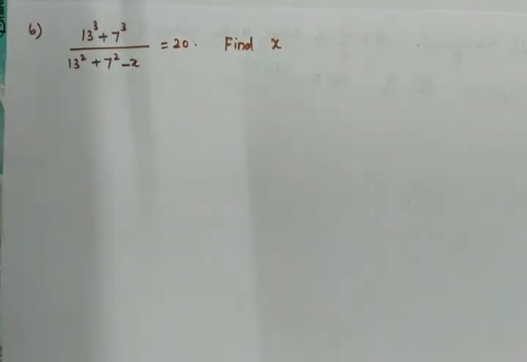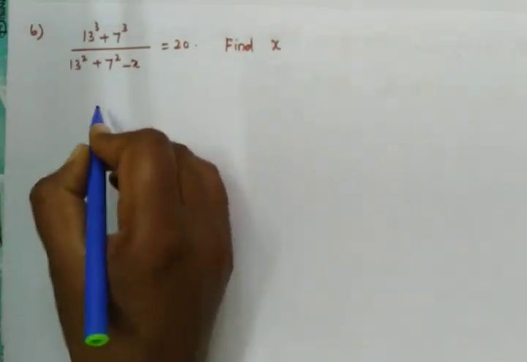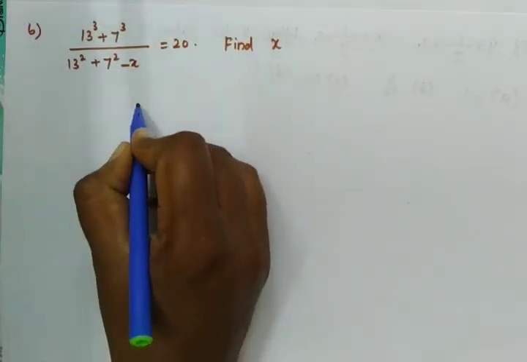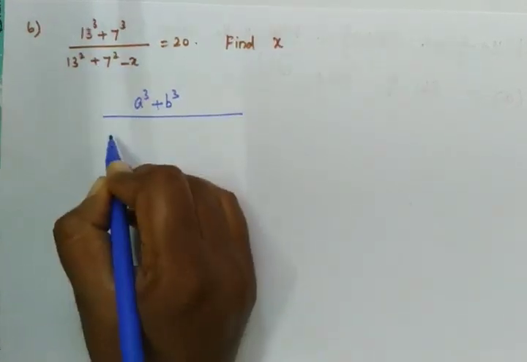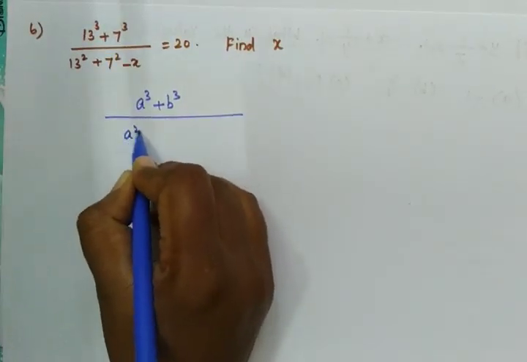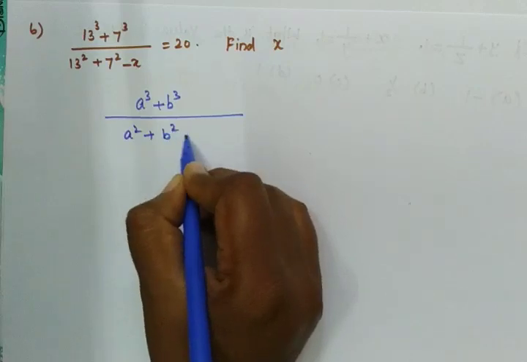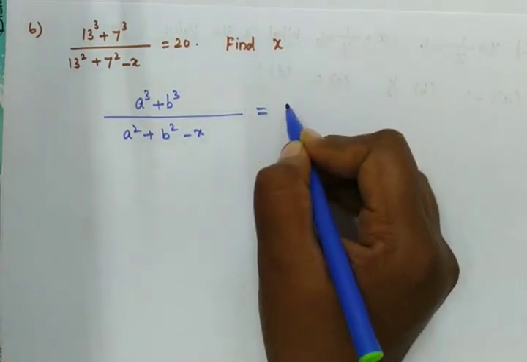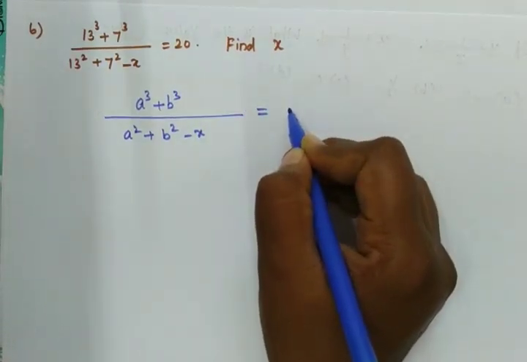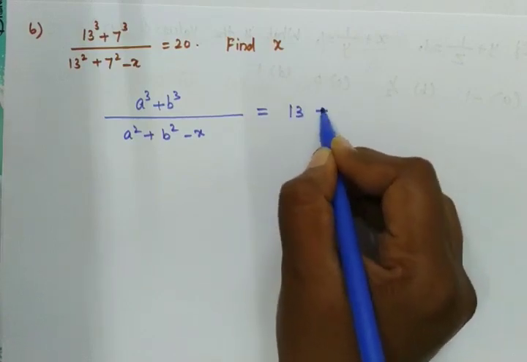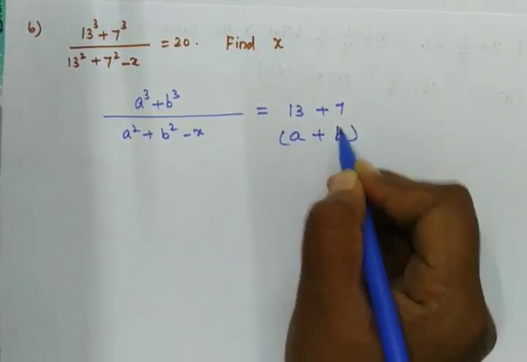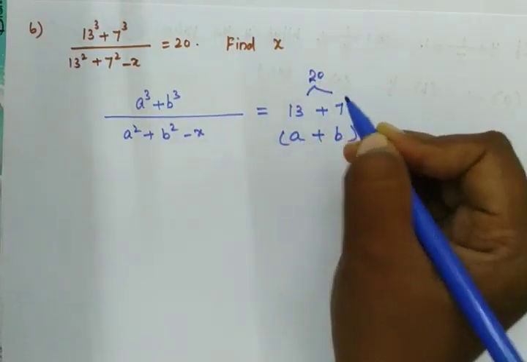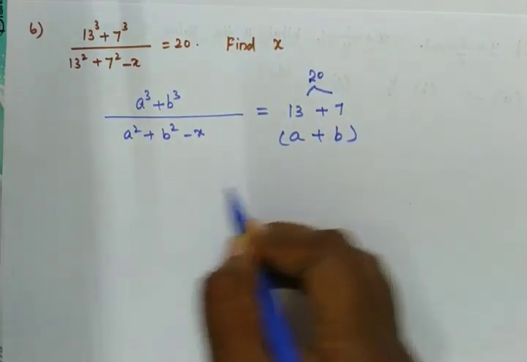What is this in the form of a cube plus b cube, the whole divided by a square plus b square minus x, which is equal to... we can split this 20 as 13 plus 7, so that we will have a plus b.